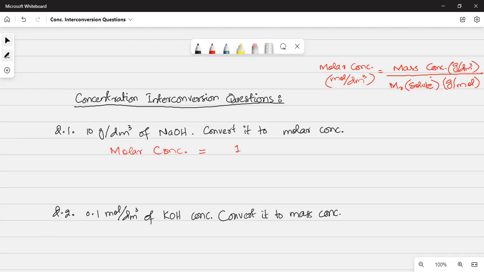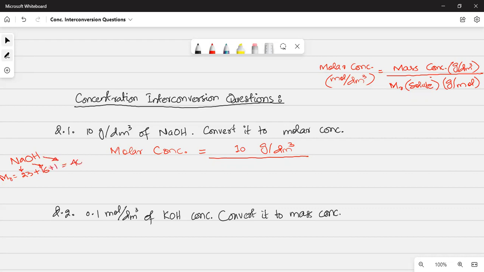So now you know that it's 10 grams per decimeter cube, and since it's NaOH, the MR is going to be, for Na, the periodic table says 23, for O, 16, for H, 1.